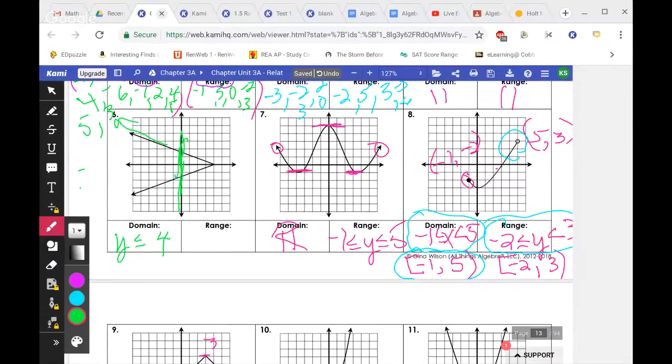It's just going to keep getting bigger and bigger as it goes out. So for y, everything is a possibility, because it's going to keep going out into positive infinity on this side and negative infinity on that side. So it's all real numbers. Does that make sense? Mm-hmm.